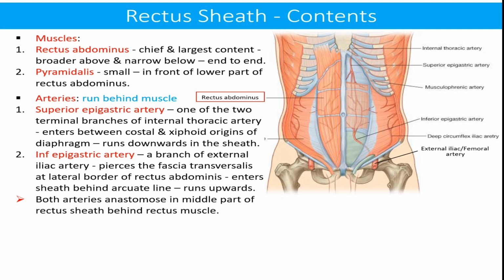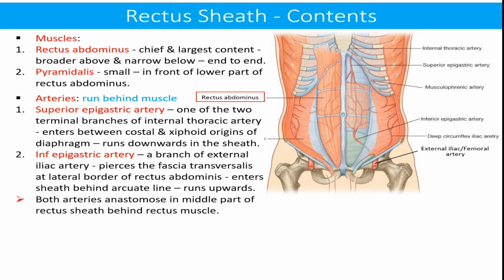As regards the arteries, they run behind the muscle, and there are two arteries. One is the superior epigastric artery, which is one of the two terminal branches of the internal thoracic artery. It enters between costal margin and xiphoid origin of diaphragm, runs downward in the sheath.